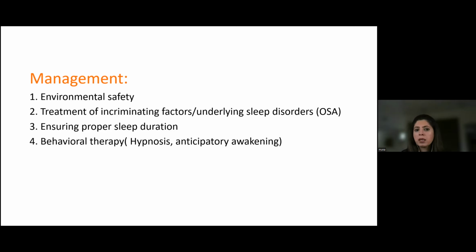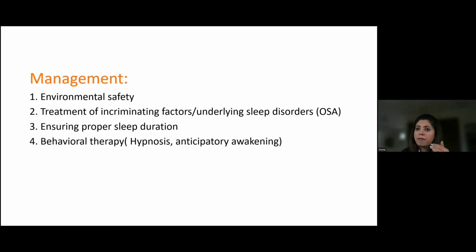Behavioral therapy, when it comes to that, there you would need a sleep clinic referral or a sleep psychology referral if you happen to have access to those, but you may not be directly in communication with the behavioral psychologist who may be at your institute. So behavioral therapy for parasomnias, I would say you will have to go through your sleep clinic. Hypnosis is done for kiddos.